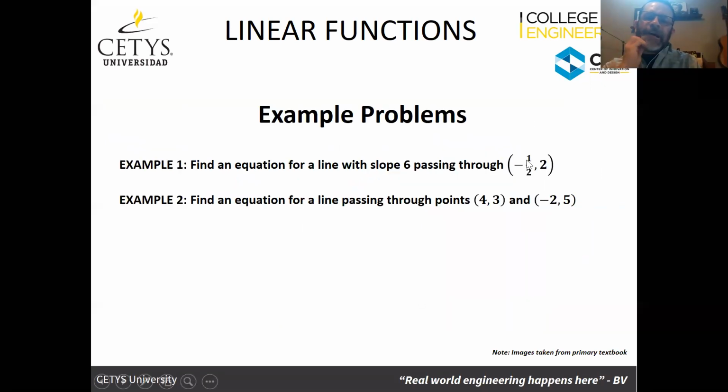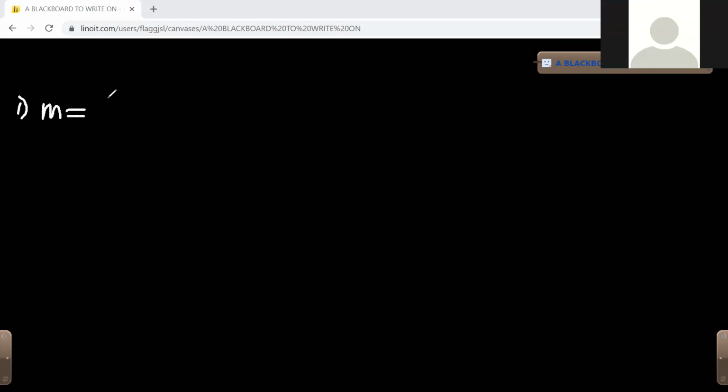Okay, let's look at these two examples. The first one: find an equation for a line with slope 6 that goes through -1/2, 2. We want to find the expression for that line. So I'm going to switch over here to the canvas. For example 1, it says that the slope is how much? 6.